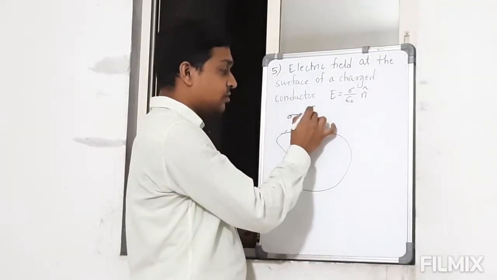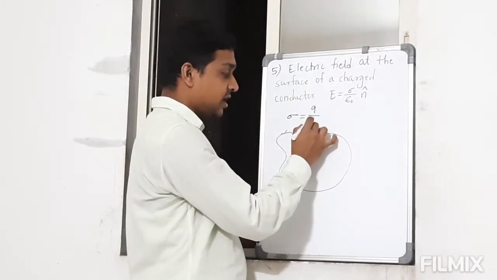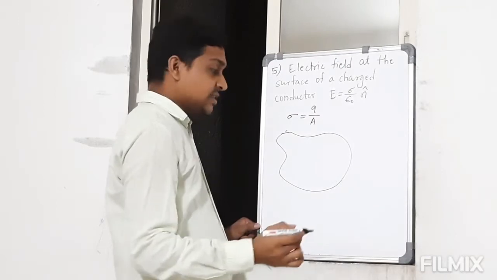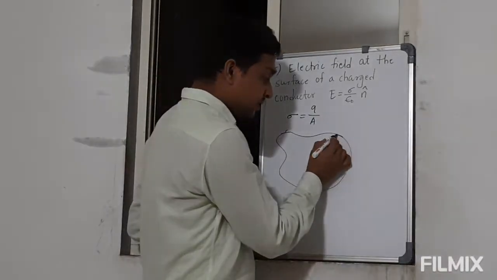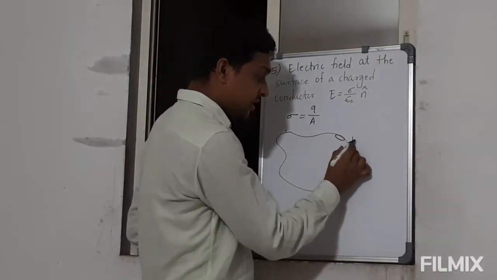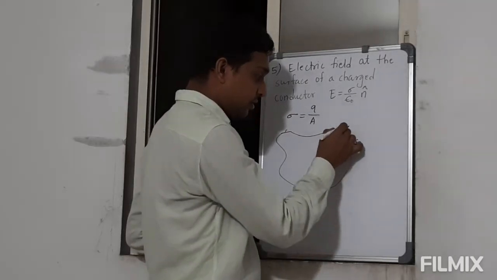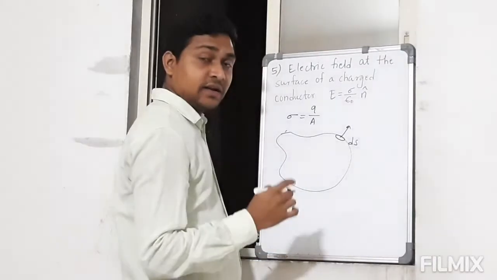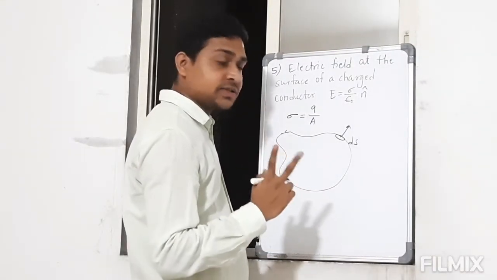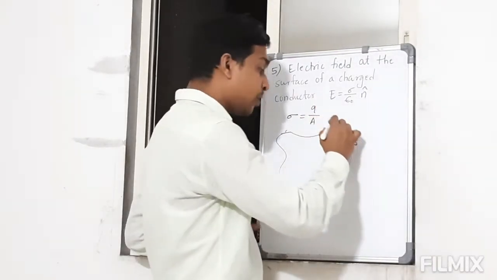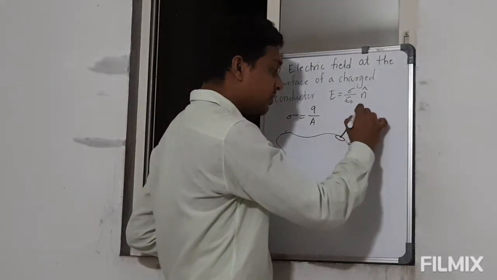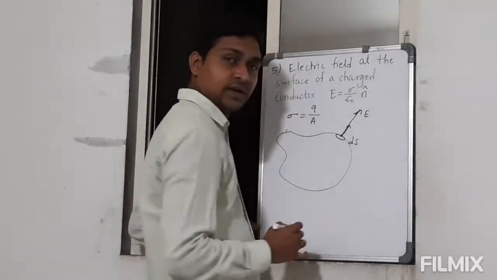So sigma is equal to charge per unit area. For simplicity we can assume a surface area ds over here, and by the second property electrostatic field is always normal outward, so the electric field will be normal outward like this.